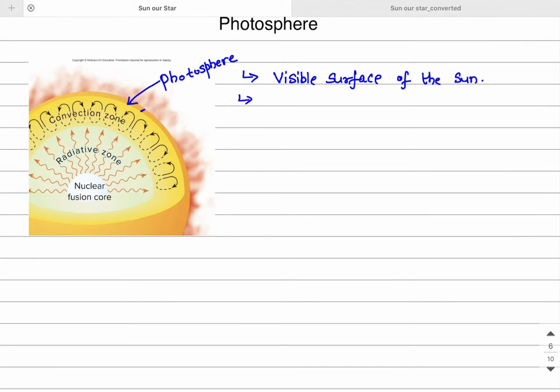The thickness of this photosphere is about 100 kilometers. If you compare to the radius of the sun, the thickness of the photosphere is very, very thin.